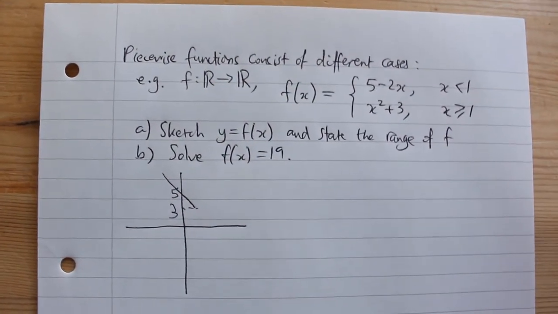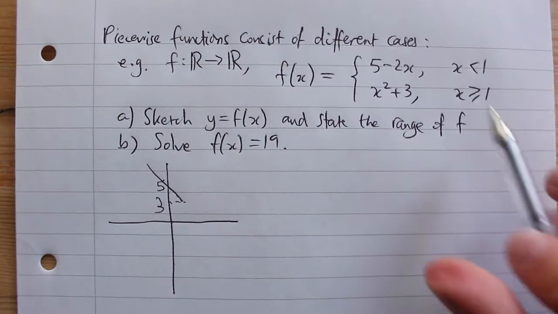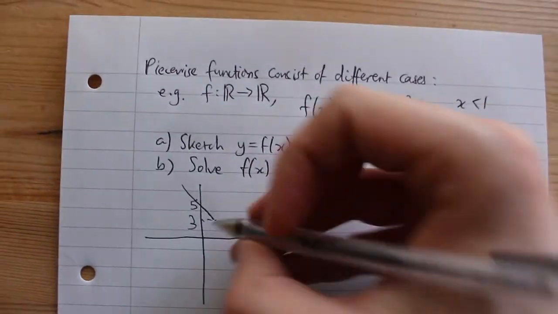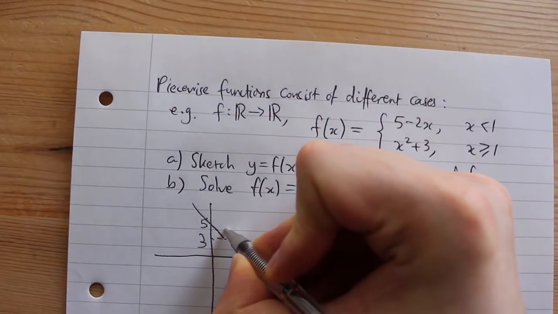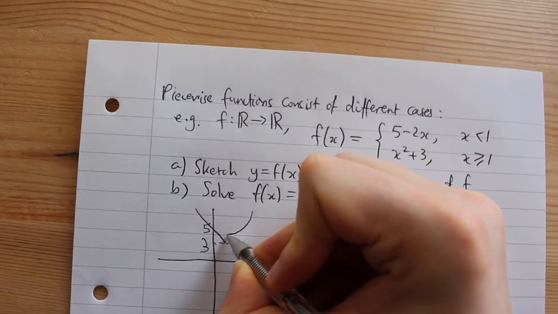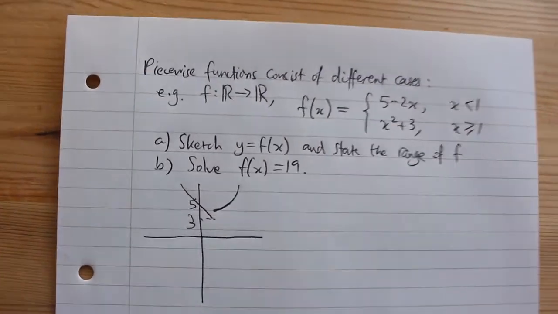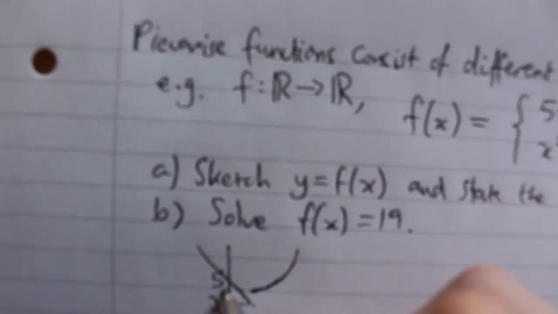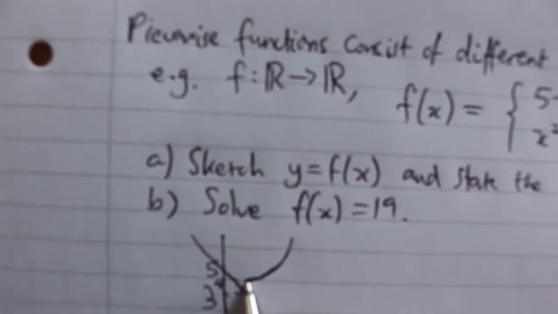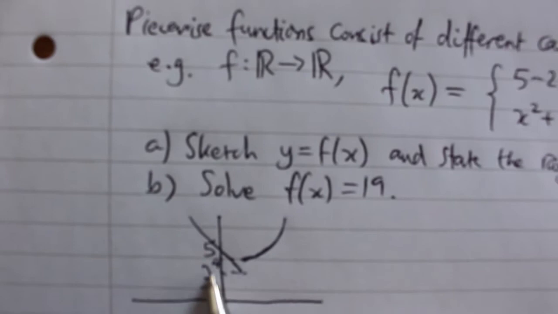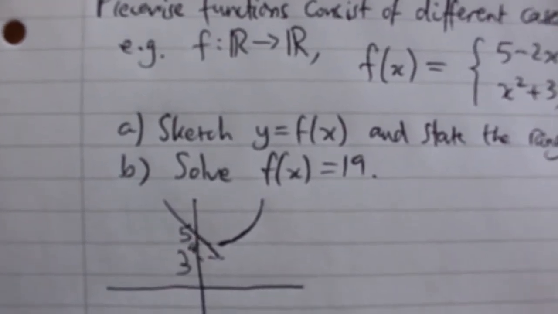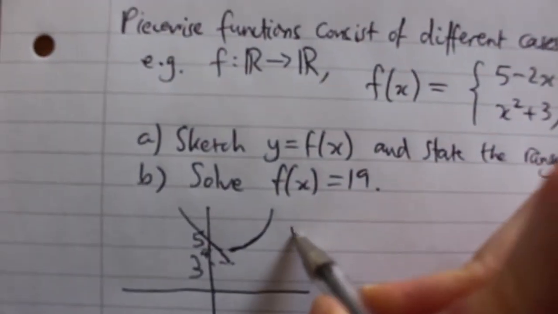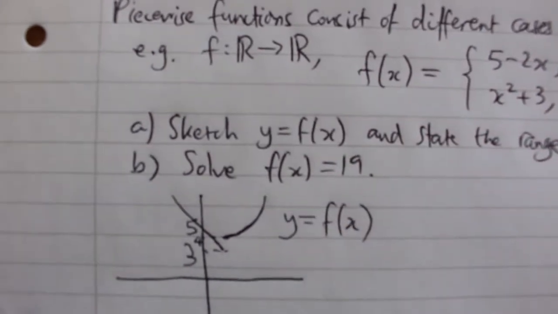And then we have y equals x squared plus 3. Well, when you put x equals 1 into that, you get 4. So then up here at 4, we get this parabola. So this is an unusual looking graph. This starts at 4, this line ends at 3 and crosses the y-axis at 5. And this is the graph of the function y equals f of x.